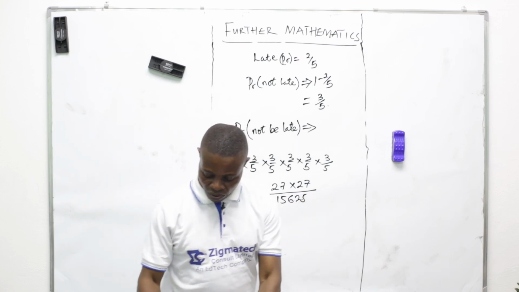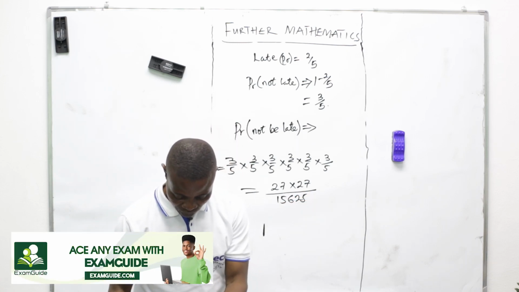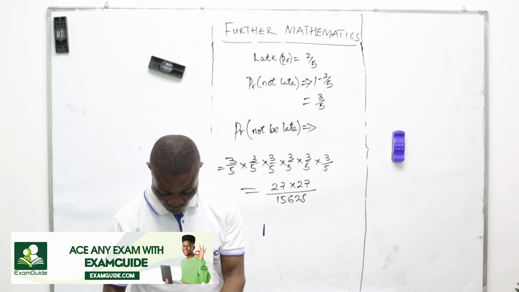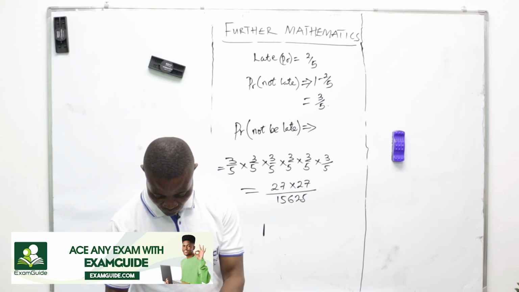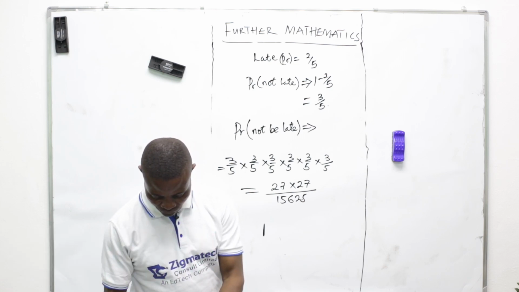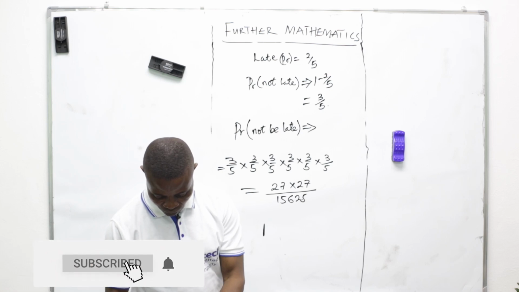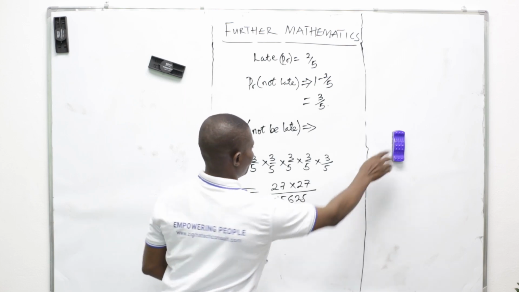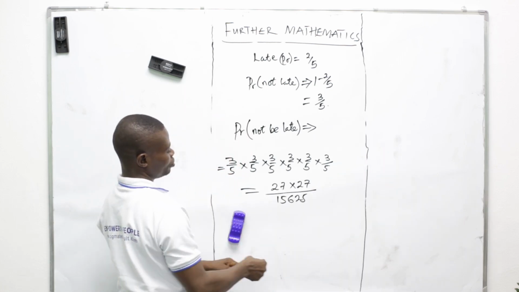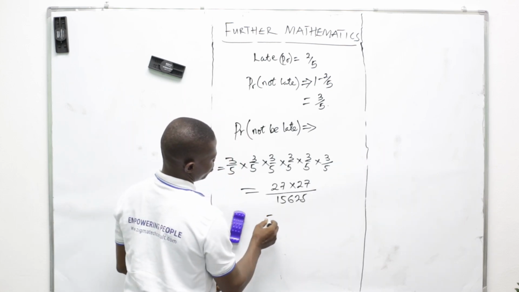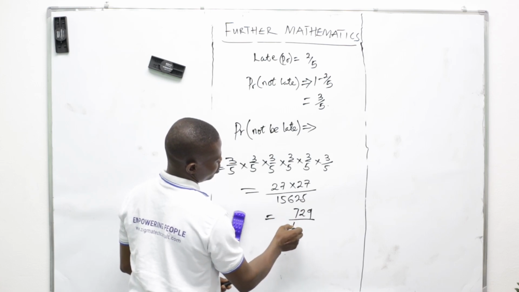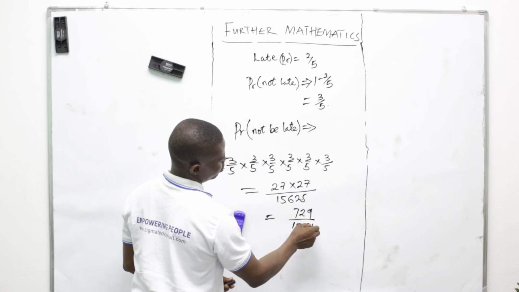Now, 27 times 27 is 729. This equals 729 all over 15,625.